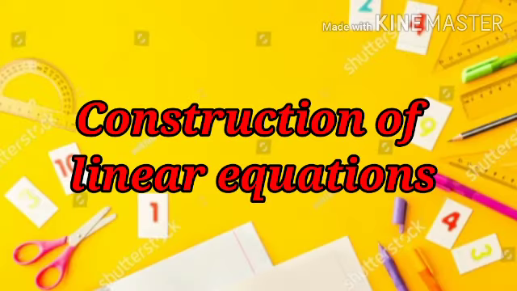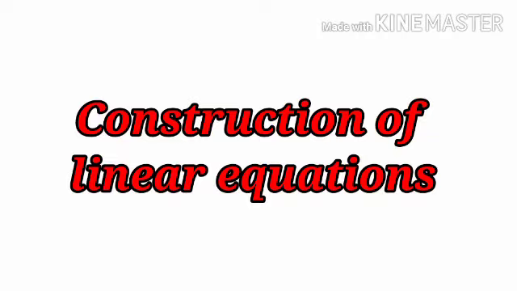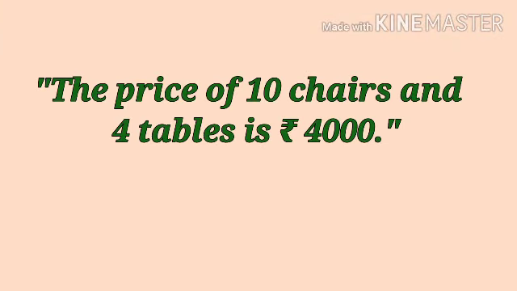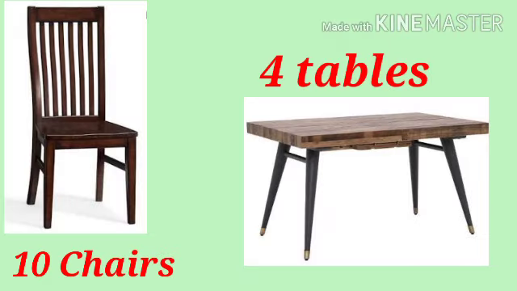Let us look at some situations where we have the value of an expression without actually knowing the values of each of the variables. The price of 10 chairs and 4 tables is rupees 4,000. We are not given the price of a chair or a table.